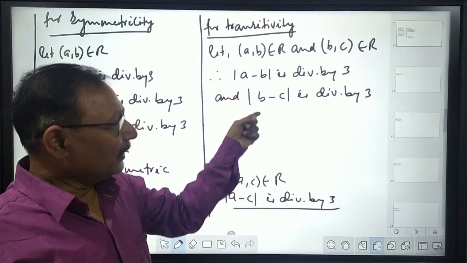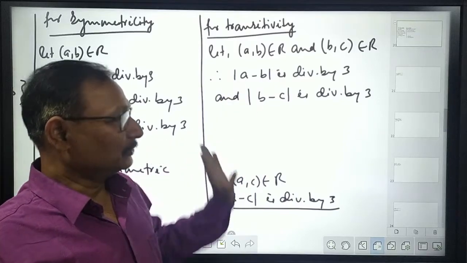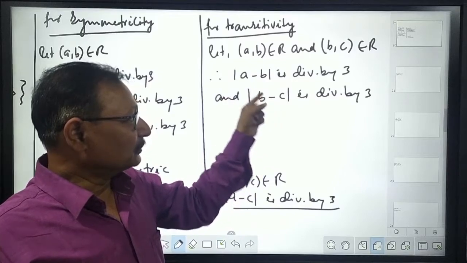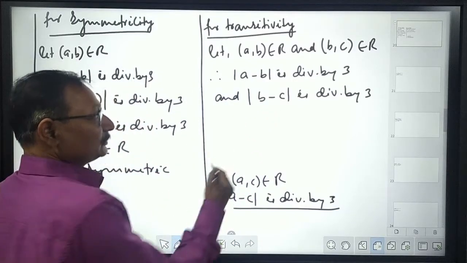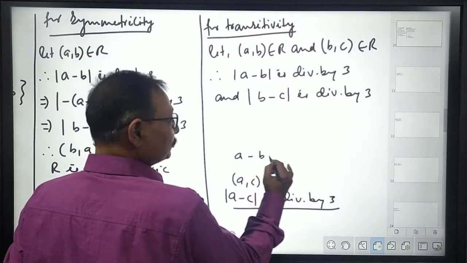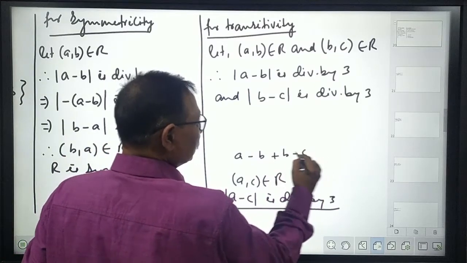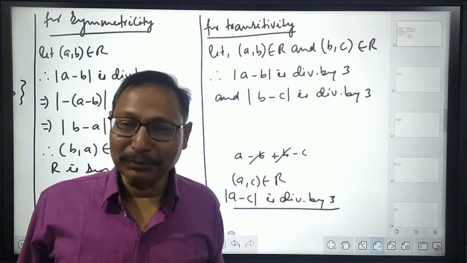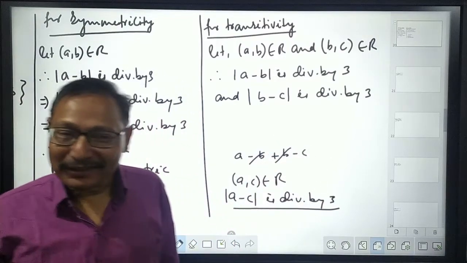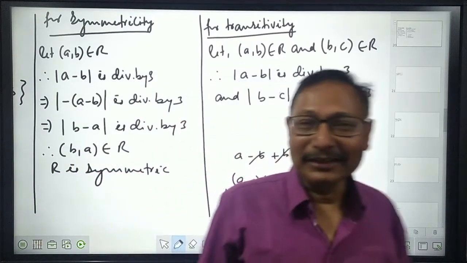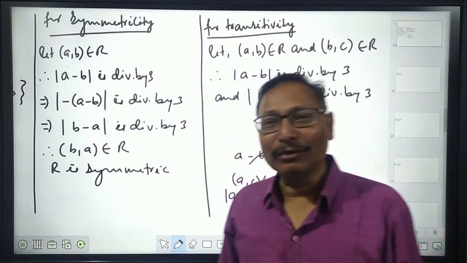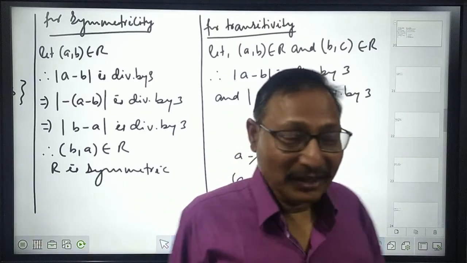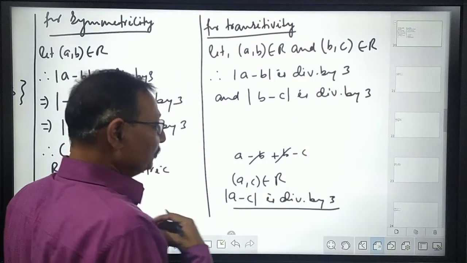Suppose that these two, a minus b and b minus c, are added together, then b will cancel out and we will get a minus c. But mind it, whenever it is inside the modulus symbol, we cannot add these two like this.